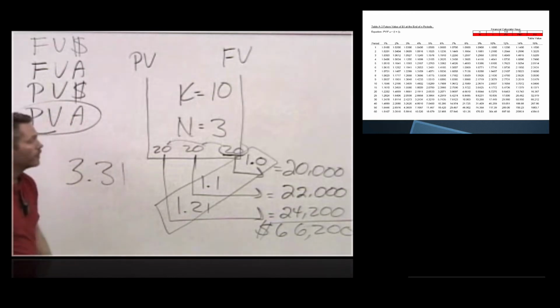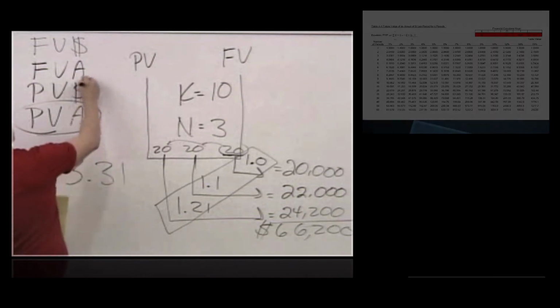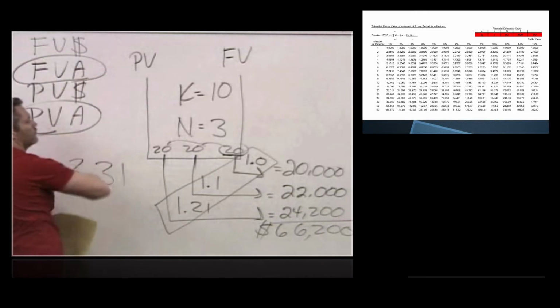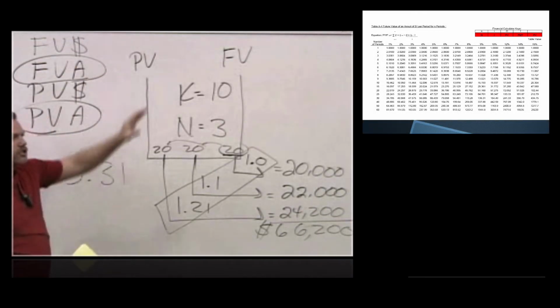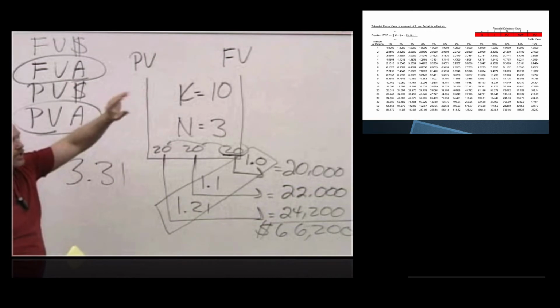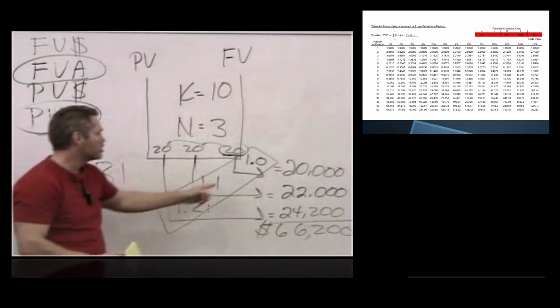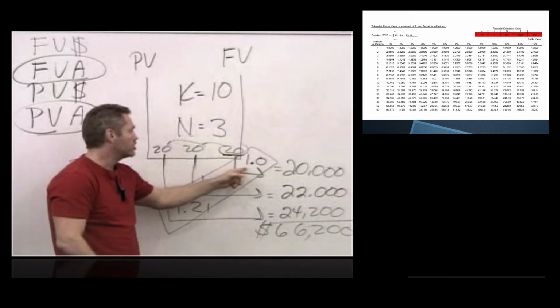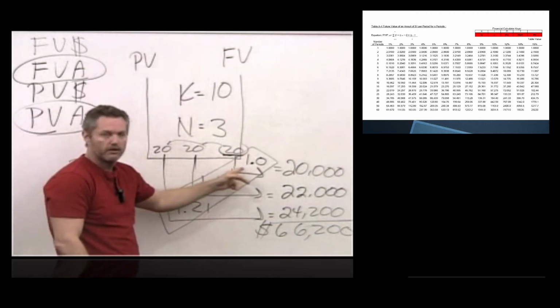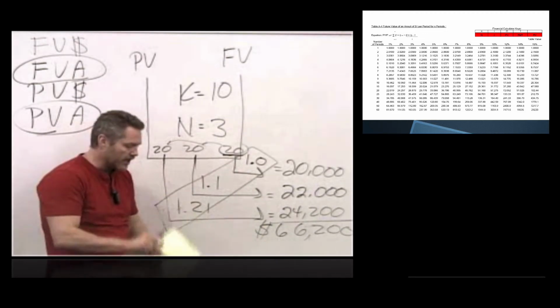3.31. If you slide over to your future value of an annuity chart, and you slide across the top, and you get to 10%, and you come down 1 year, you'll see 1.0. And you'll see 1.0 under 1%, 1.0 under 5%, 1.0 under 15%, because it doesn't matter. It immediately values it.